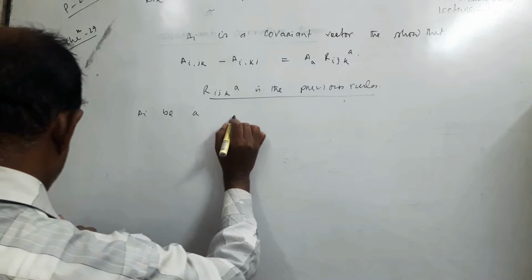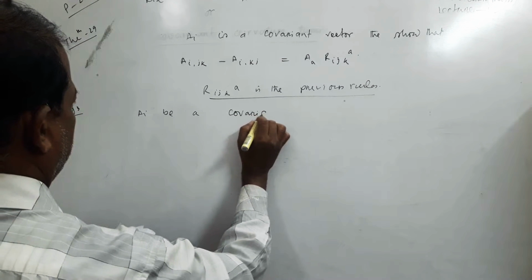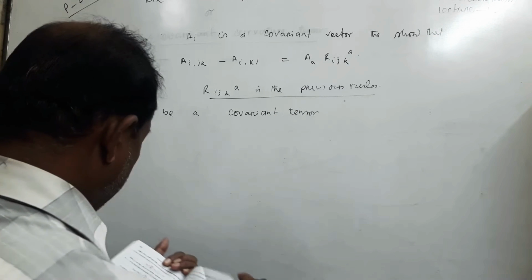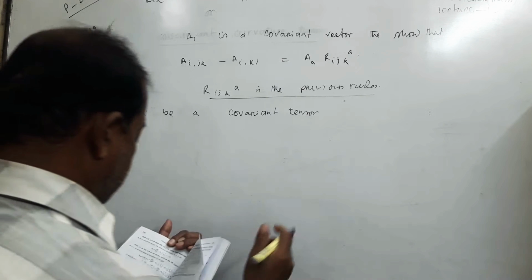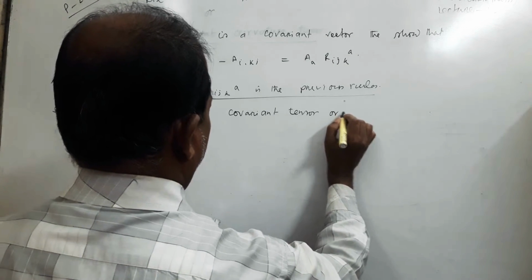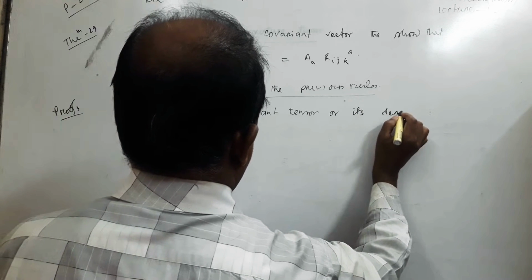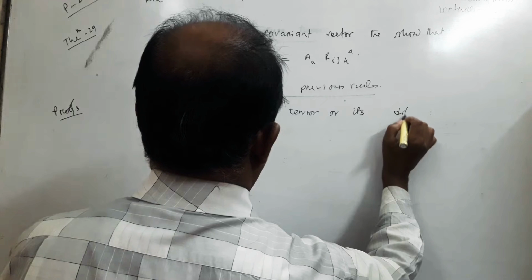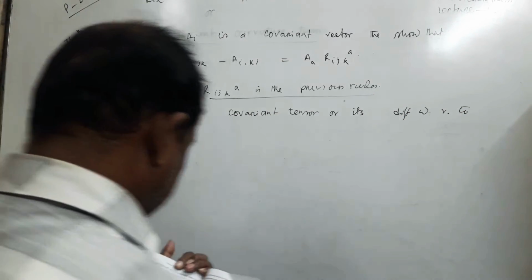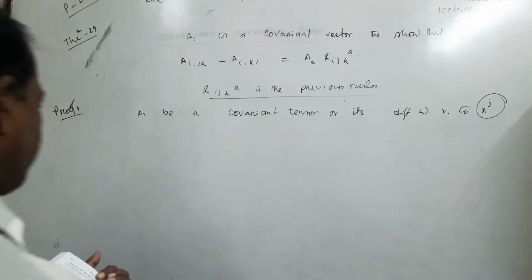Firstly, Ai is a covariant tensor or vector. Take the covariant derivative and differentiate with respect to xj.